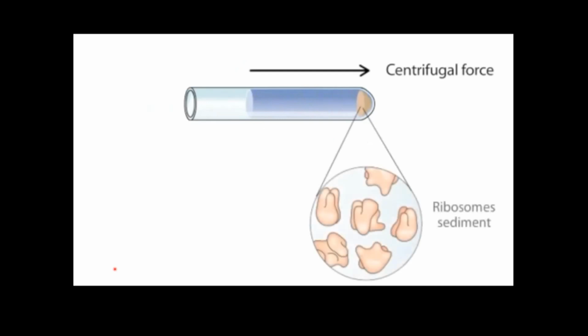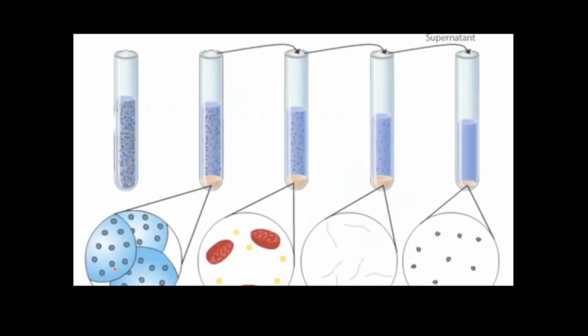A fourth centrifugation at a still higher speed sediments ribosomes, leaving only the soluble portion of the cytoplasm, the cytosol, in the supernatant. This series of spins at higher and higher speeds and durations is called differential centrifugation.